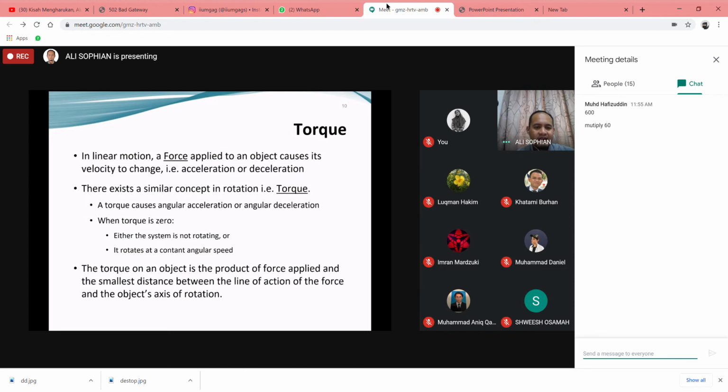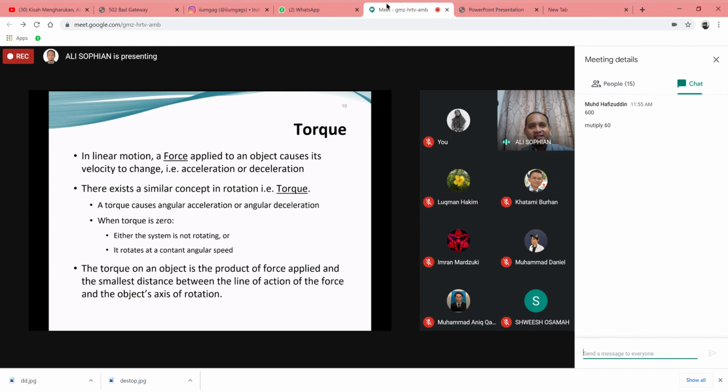Now, when the net torque is zero, the total torque is zero, then there are two possibilities. The system is not rotating at all, i.e. the angular speed is zero, or it rotates at a constant angular speed. So when the torque is zero, it doesn't mean that the object is always static.